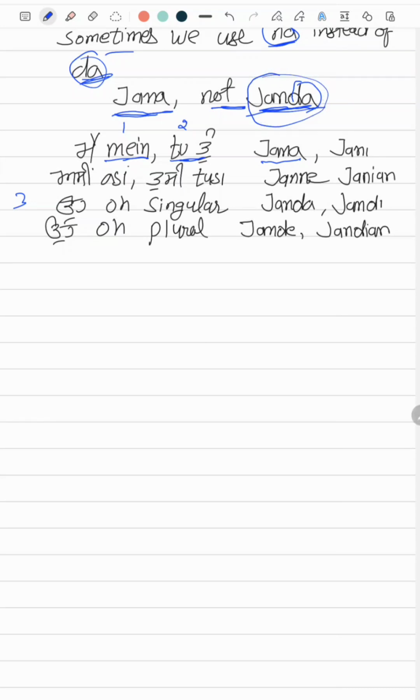Anyway, if you are masculine, you are a guy, and you use main, you will say janna. For feminine, the word is janni. So janna, janni, for main and tum. If it's asi and tusi, asi means we, tusi means you as a plural, we would use janni as a plural for masculine plural or mixed plural.